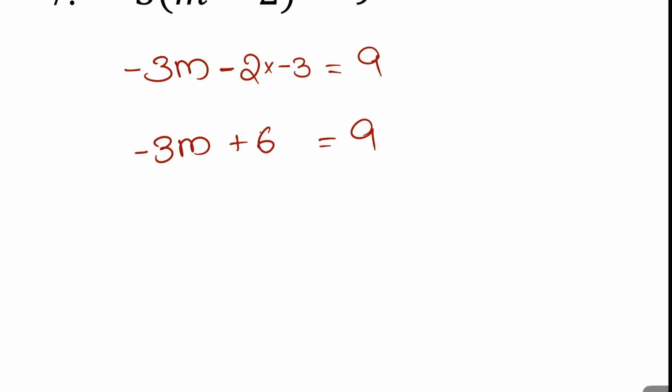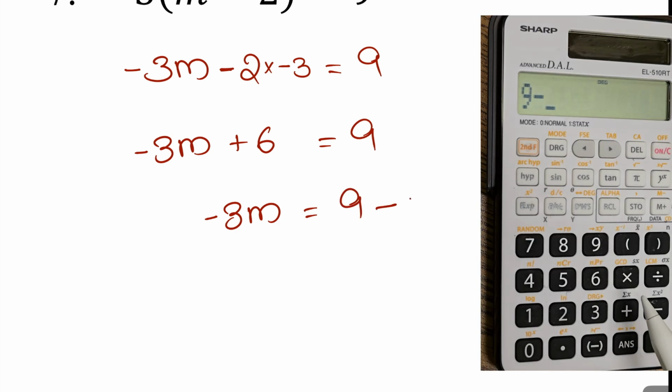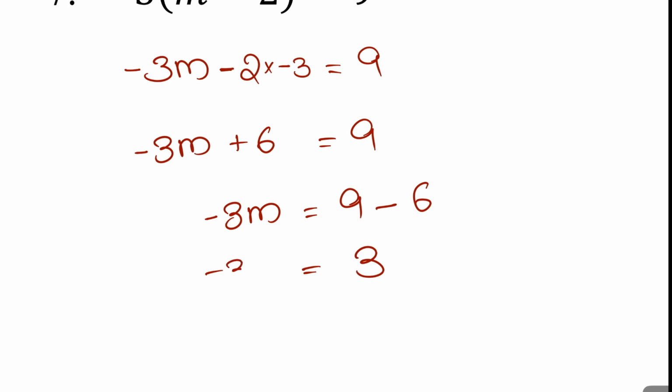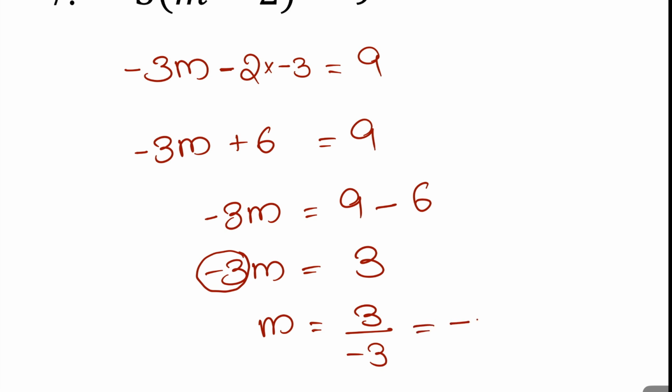I am moving the 6 to the right hand side, that is negative 3m equal 9 minus 6, that is 3. So negative 3m equal 3 and m equal 3 divided by negative 3. So you have to divide the whole term with a negative sign. So 3 divided by negative 3, your answer is negative 1.